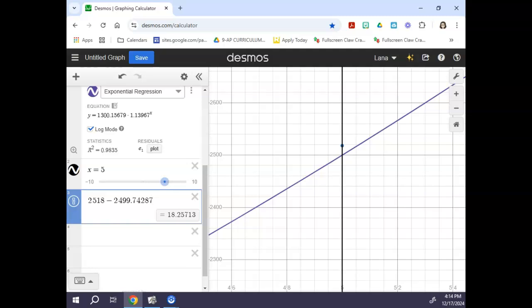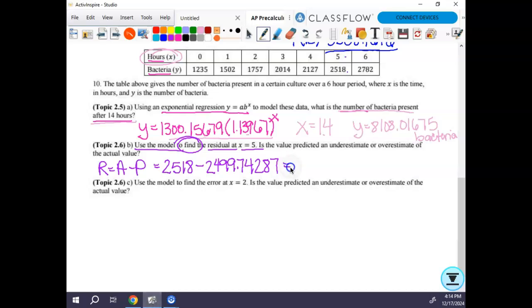Okay, and that gives me 18.25713. Oops, that's not a 3. But had I done that, it would have been okay because I only have to be correct to 3. But that is my residual. Actual minus predicted. And then it said, is the value predicted an underestimate or an overestimate?